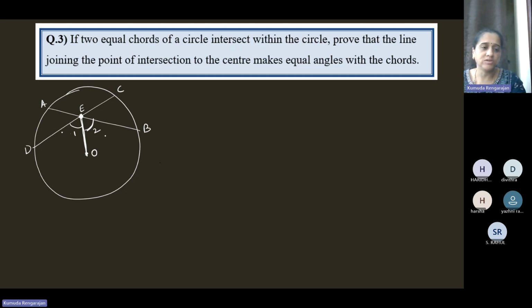The default construction is to draw a perpendicular from the center to the chord. So draw OM perpendicular to AB, and ON perpendicular to CD. Since they are equal chords, their distances from the center are also equal. So OM is equal to ON, because AB is equal to CD. You just have to show that the two triangles are congruent.